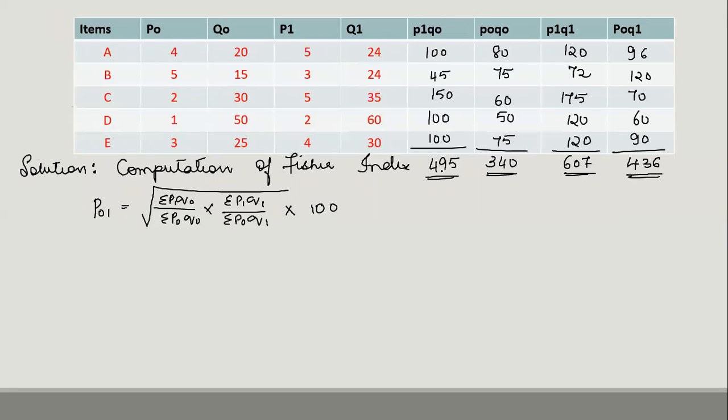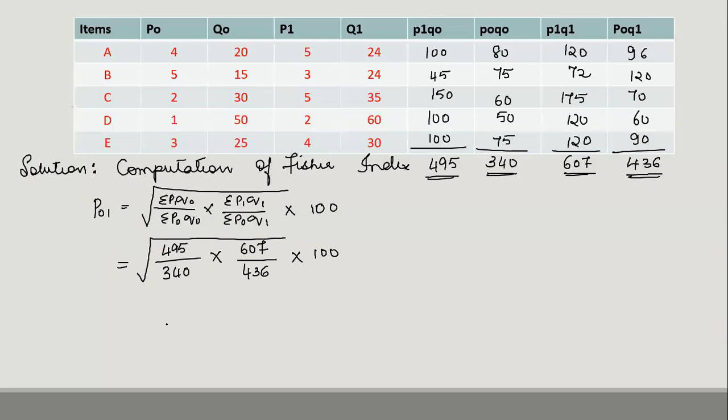Now we will substitute these values as per the formula. So it is equal to the square root of summation P1 Q0, which is 495, divided by P0 Q0, which is 340, into P1 Q1, which is 607, divided by P0 Q1, which is 436, into 100.